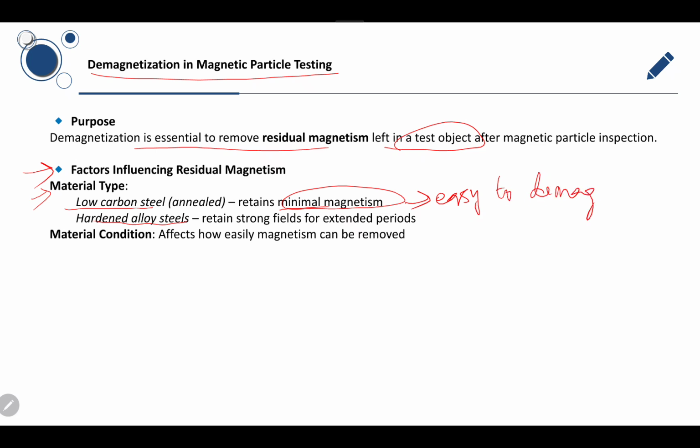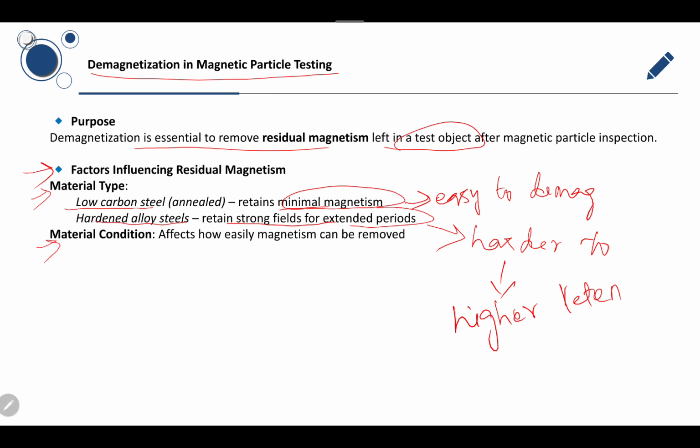Hardened alloy steels retain strong magnetic fields for an extended period. They are much harder to demagnetize due to their higher retentivity and coercive force. Already we discussed what retentivity and coercive force are, all those details.